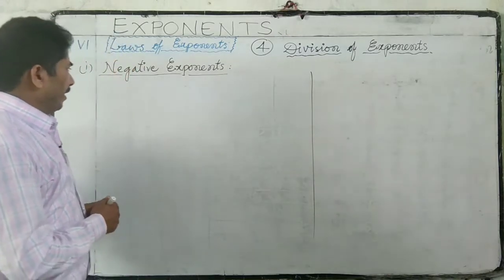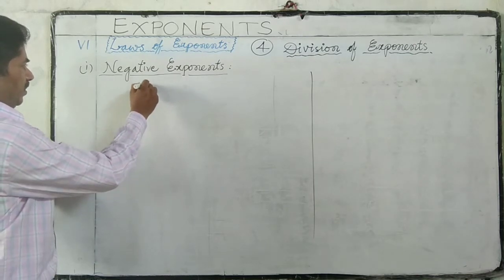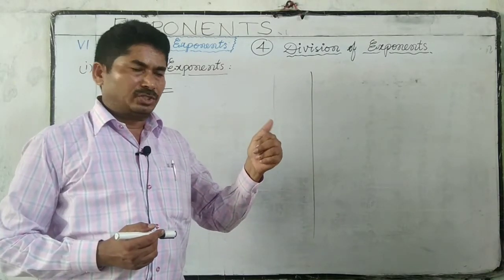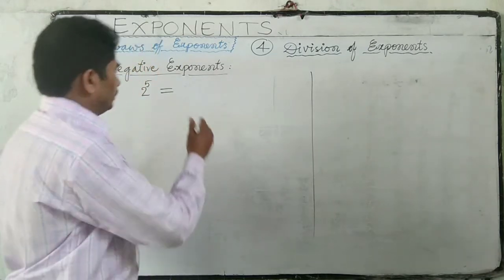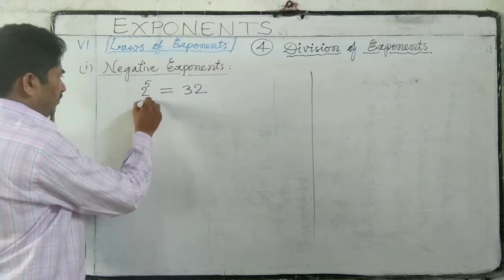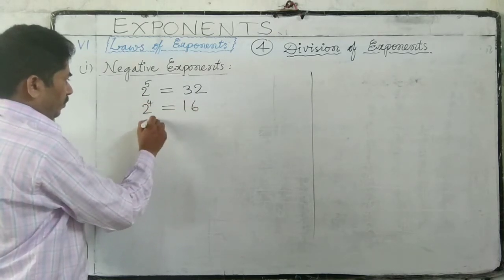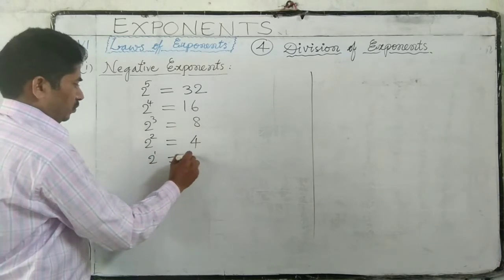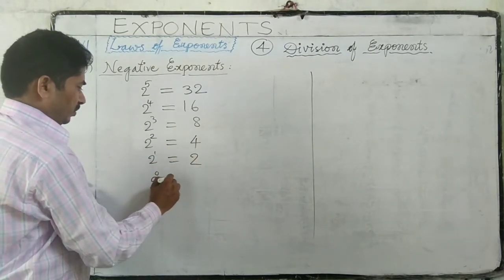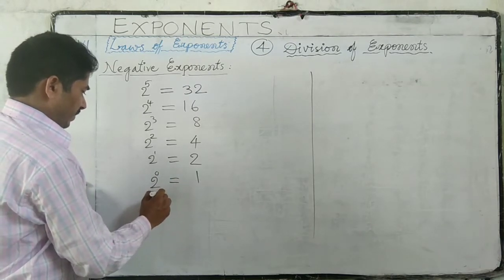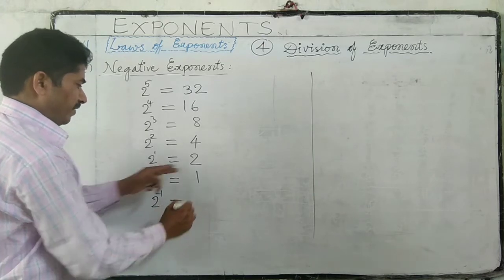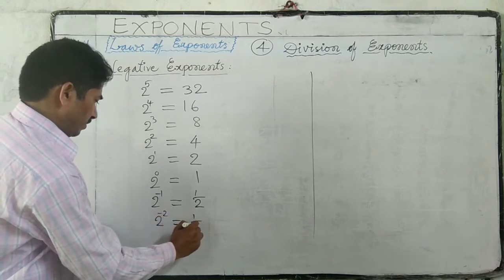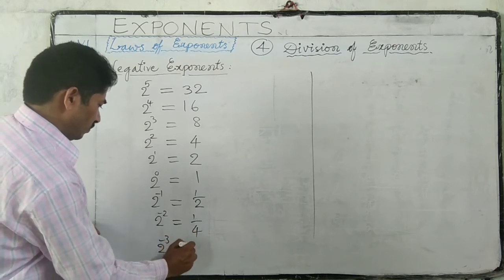Let us observe few patterns to understand this. 2 to the power of 5 is equal to 32, 2 to the power of 4 is equal to 16, 2 cube is equal to 8, 2 square is equal to 4, 2 to the power of 1 is equal to 2, 2 to the power of 0 is equal to 1. 2 to the power of minus 1 is equal to half, 1 by 2. 2 to the power of minus 2 is equal to 1 by 4. 2 to the power of minus 3 is equal to 1 by 8.